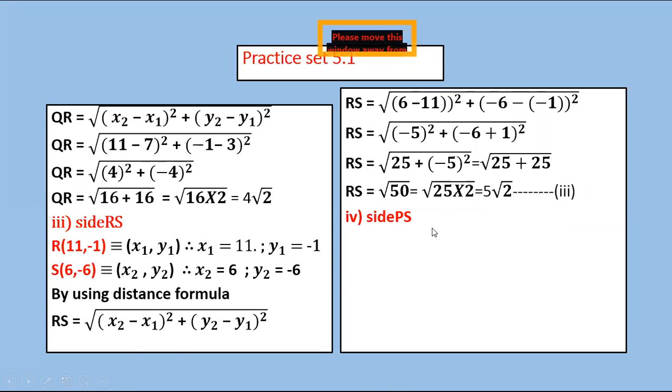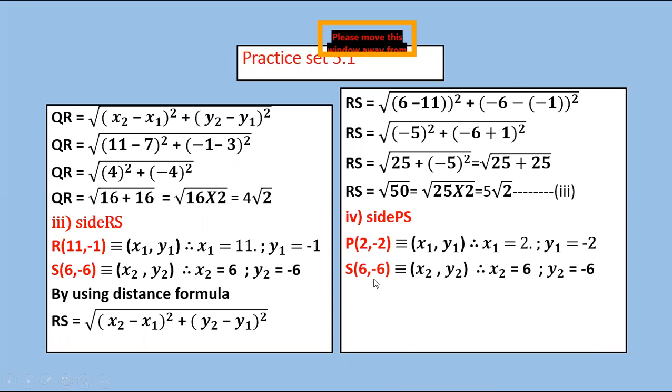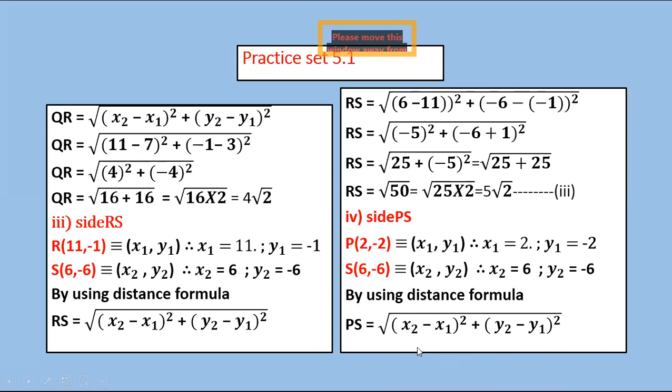And last, to find the side PS. Point P(2, -2) is considered as x1, y1, and point S(6, -6) is considered as x2, y2. By using the distance formula, PS is equal to square root of (x2 - x1) square plus (y2 - y1) square.